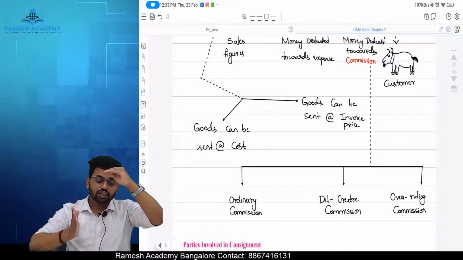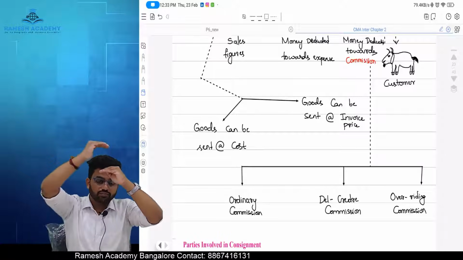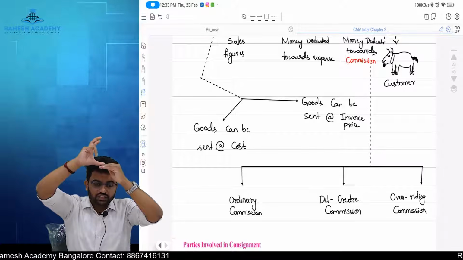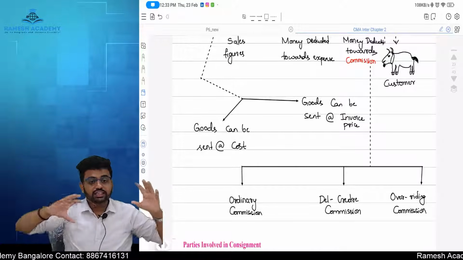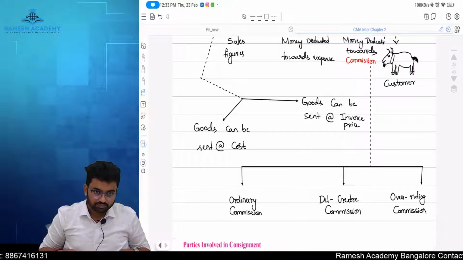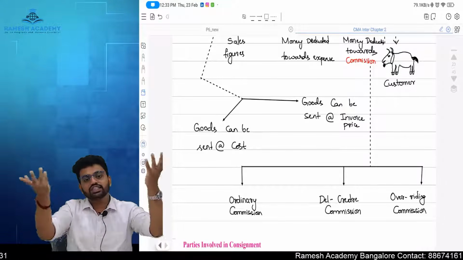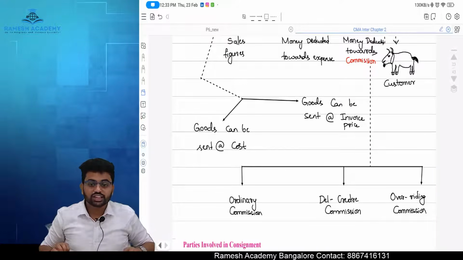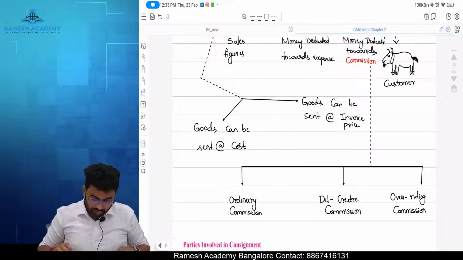Okay, if our consignee makes sales more than that, which means his performance is so good, no, for the difference portion, the consignor will pay an additional commission which is called overriding commission. For the additional performance, additional commission. Such commission is known as overriding commission.